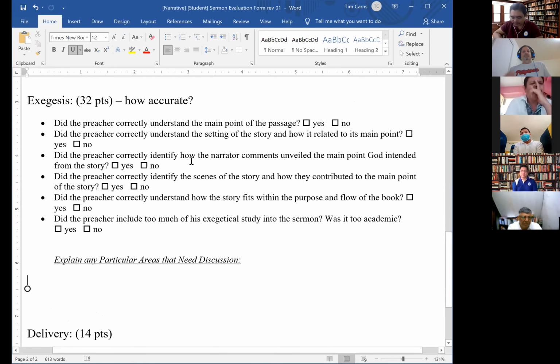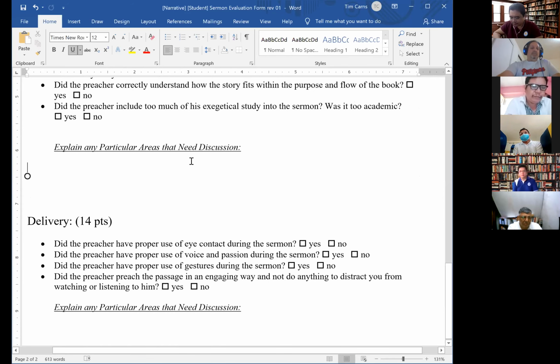Obviously, in narrative, there are components of storytelling that we incorporate, but basically, delivery is going to be the same, evaluating points for whatever genre.